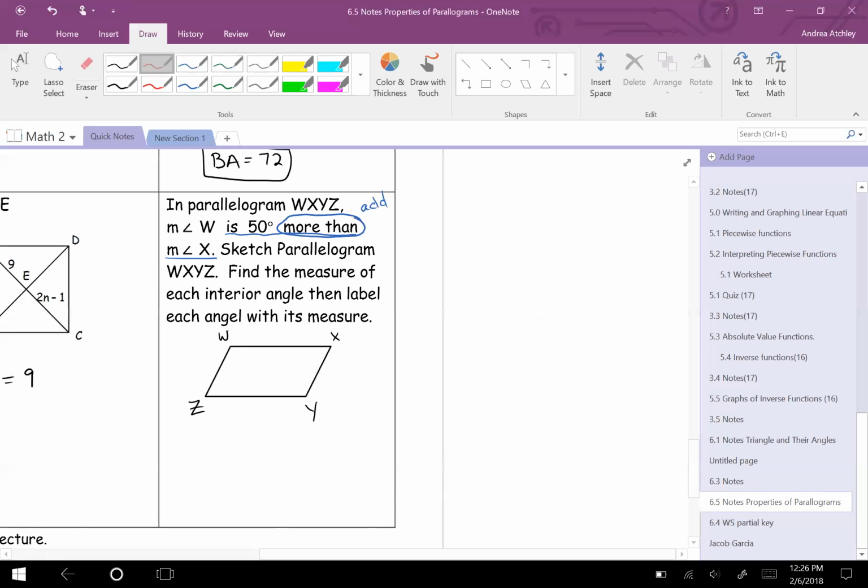So do I know X? They're not giving me X because I don't know what it is. So the measure of angle X is my unknown, so I'm going to put an X there.